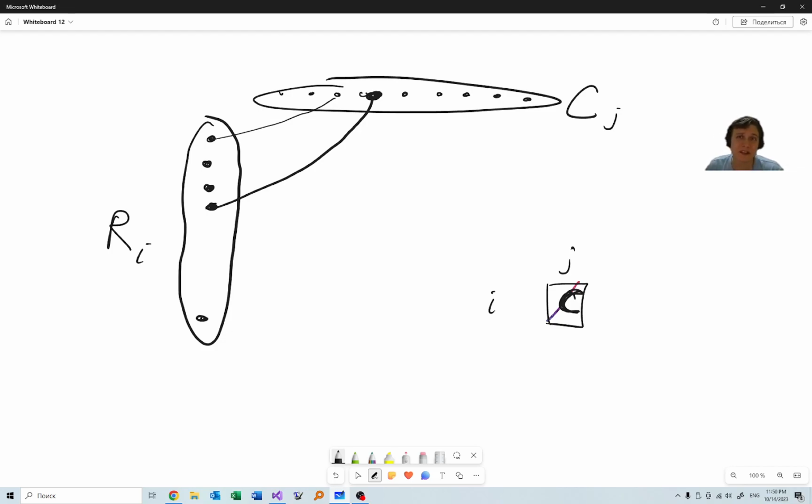And if we already think in terms of flows, if we start with the dot, this is like an edge going from Ri to Cj, and its capacity is 1. It means you can bring 1 unit of flow through this edge, but you can also direct no flow at all if you want.